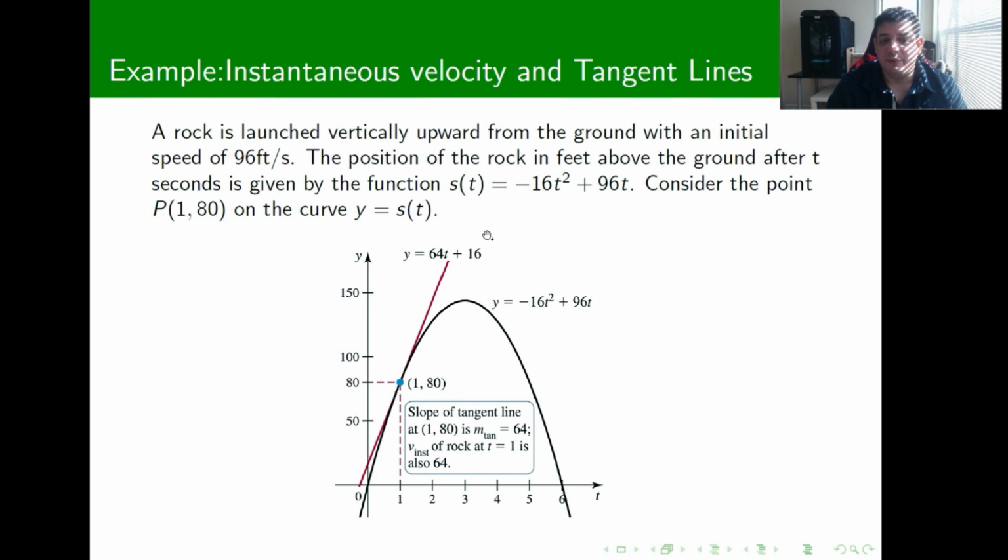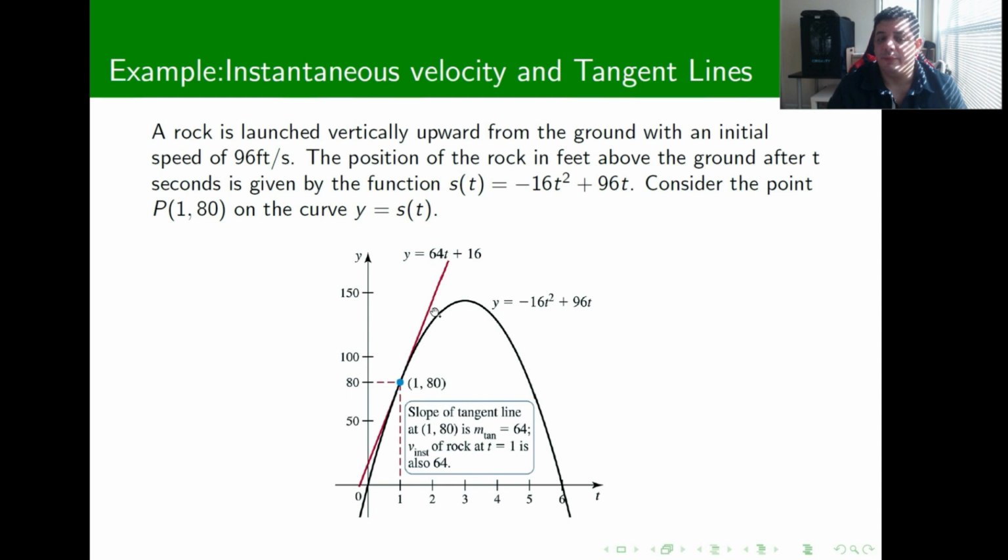One way of doing this is calculating what the slope of the tangent line is going to be at that point. In this case, that is going to be 64. So we can also say that the slope of the tangent line at that point is 64. How did we calculate this tangent line?